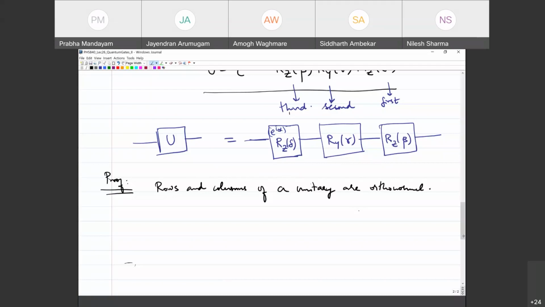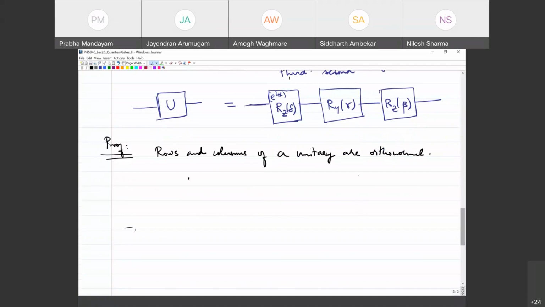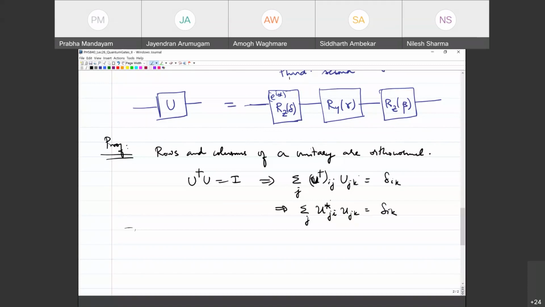So this comes again from the fact that U dagger U is identity. You write down the matrix form of this, right? So this will tell you that sum over j, U dagger_ij U_jk is delta_ik, right? So this in turn means that U star_ji U_jk is delta_ik, where these are the elements of the matrix, right?